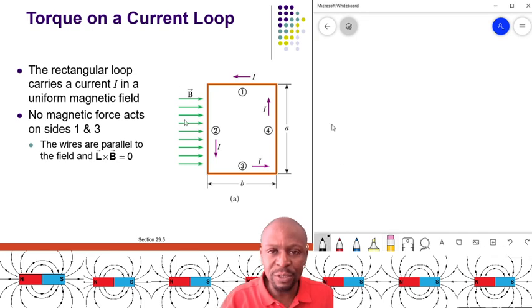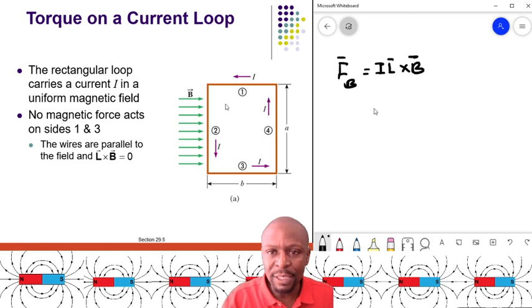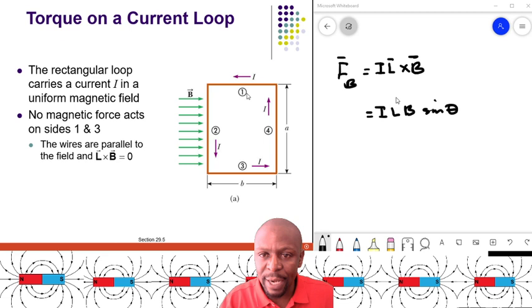the magnetic force, remember the equation for the magnetic force in this case, is nothing else but IL cross B. Now, this is nothing else but IL, the magnitude of B, the sine of an angle theta. Now, for sides 1 and 3, what is the angle between L and B?